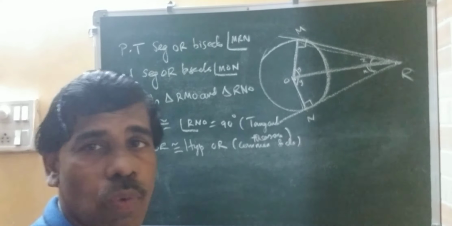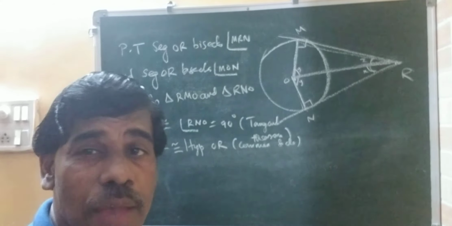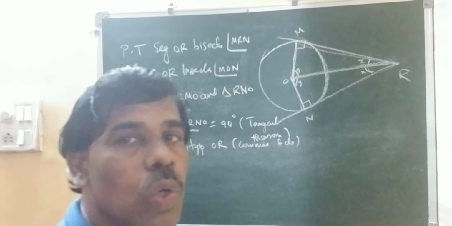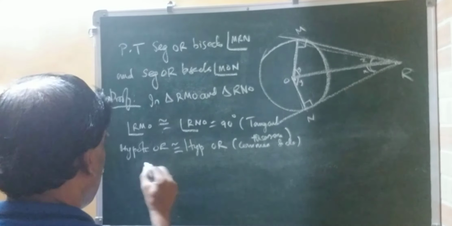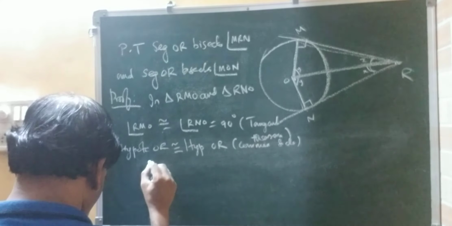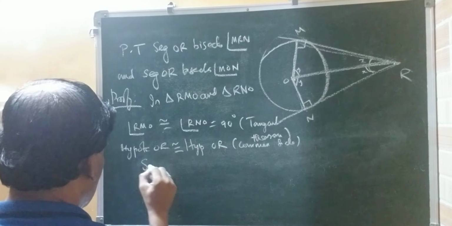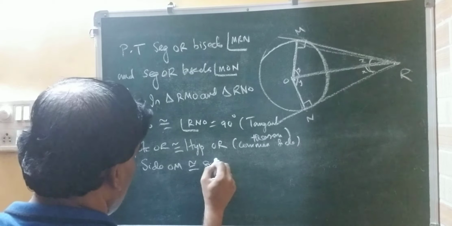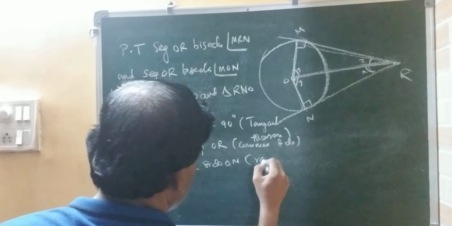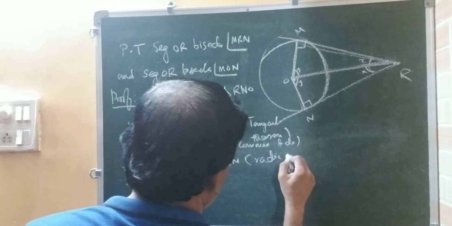What are ON and OM? They are radii of the same circle. That means they are congruent. Radii of the same circle are congruent. Therefore, side OM is congruent to side ON because they are radii of the same circle.